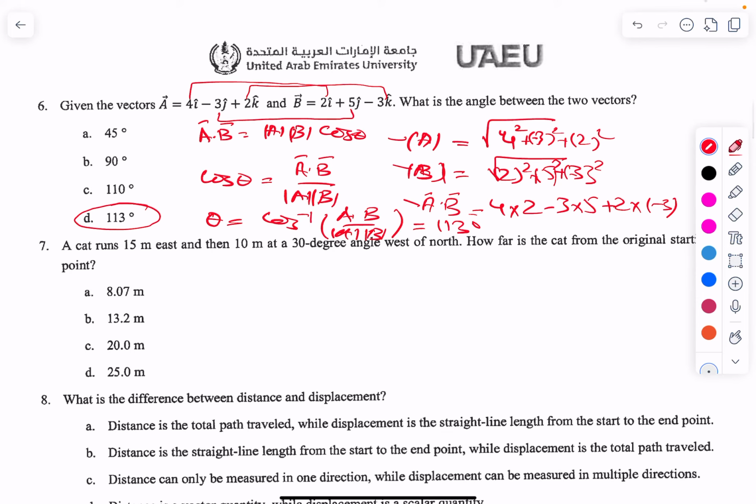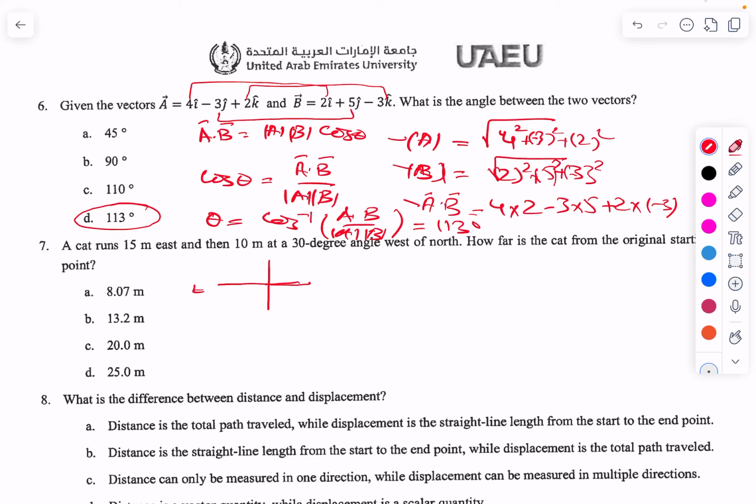So a cat runs 15 meters east and then 10 meters at an angle to the north. How far is it from its original start? So if you see this, it moves 15 meters.